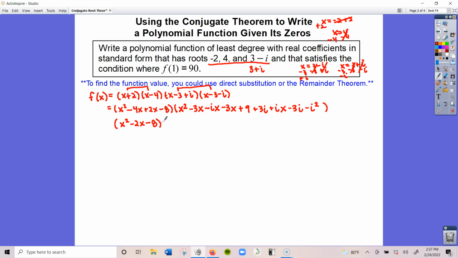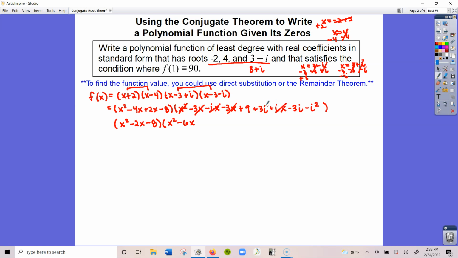Now over here, let's look at what happens. I have the x squared. Then I have negative 3x minus 3x, and that's it, so minus 6x. Now let's look at the ix's. I have a negative ix here and a positive ix, so these will cancel.